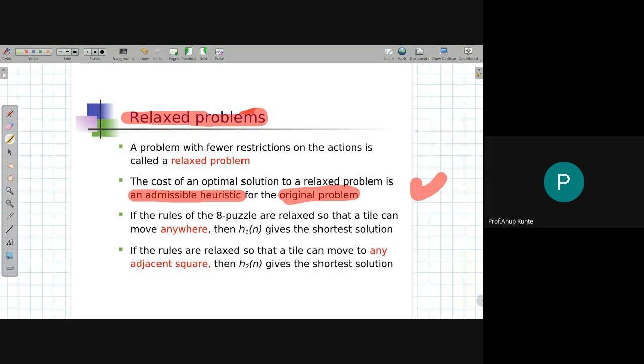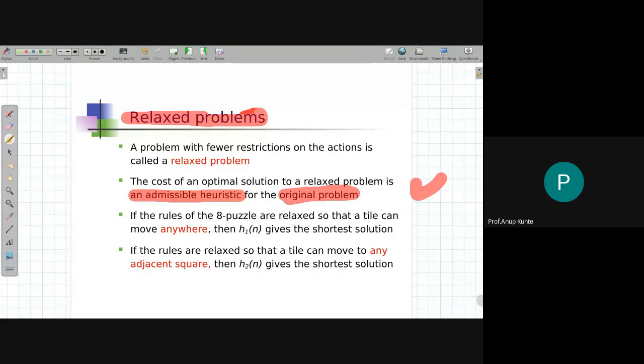Okay, if I have an optimal solution for a relaxed problem using a heuristic, such heuristic is an admissible heuristic for the original problem as well. Okay, and it's an established result by people working on the AI problems. So you can rely on this kind of insights.